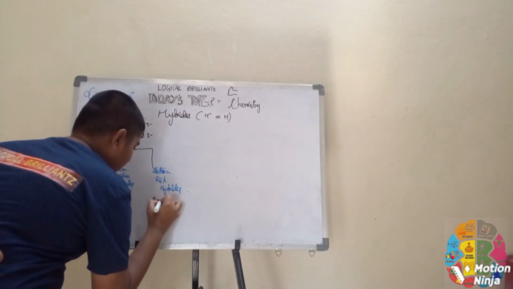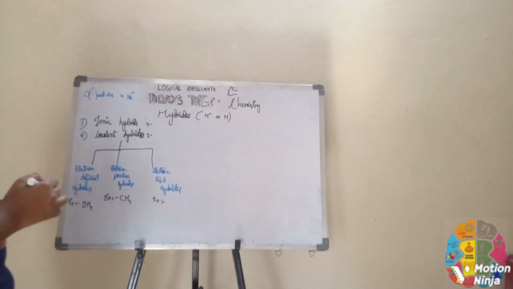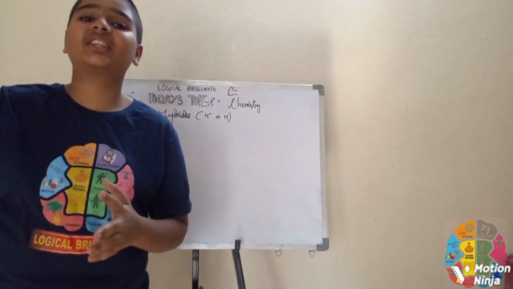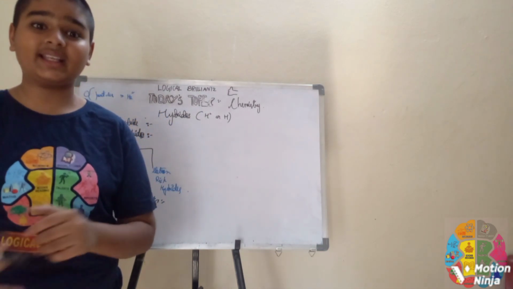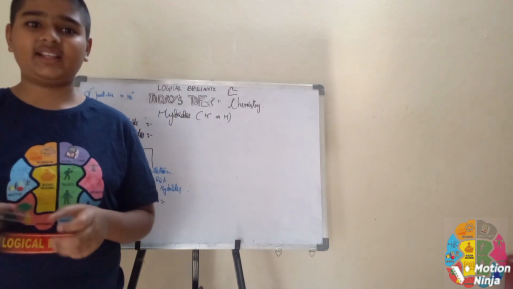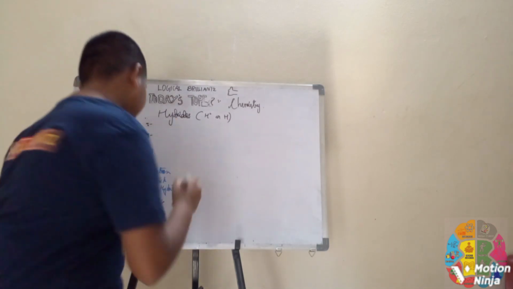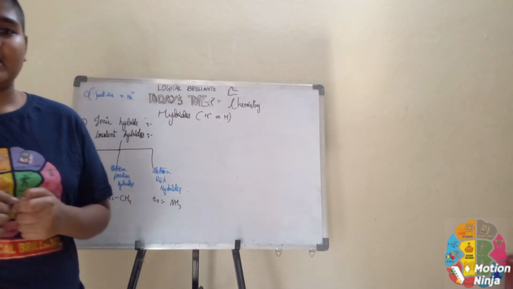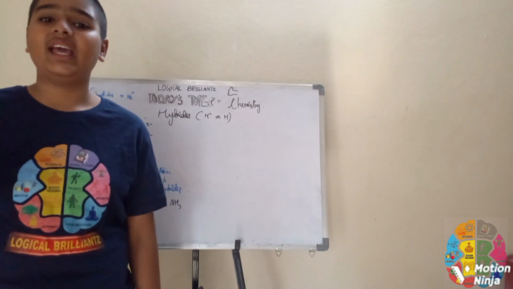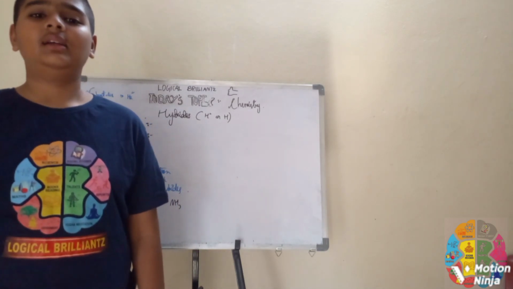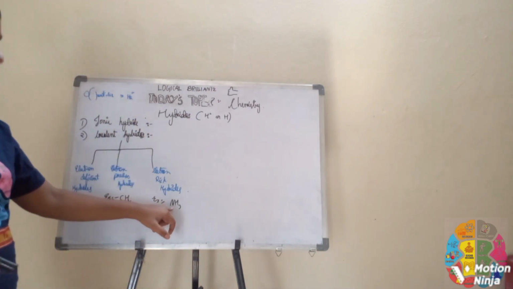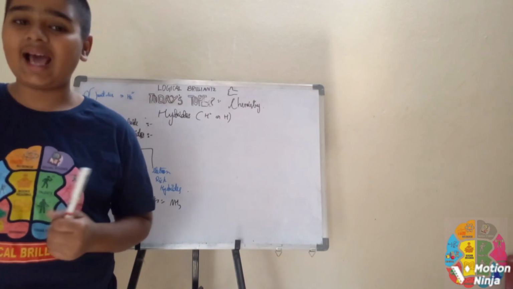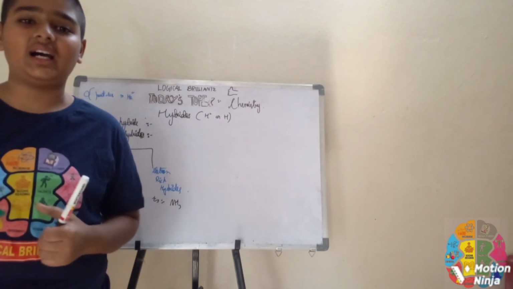And electron rich hydrides. In the name you can see, rich means it has extra electrons. It can give more electrons. For example, NH3, ammonia. After combining with 3 hydrogens, it has 1 electron extra.